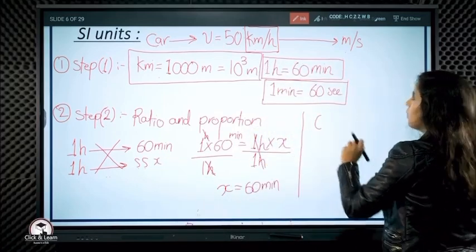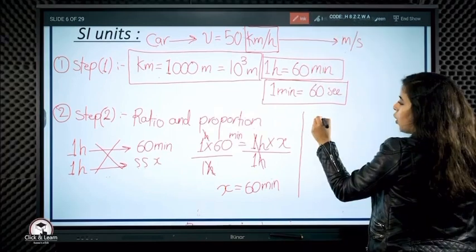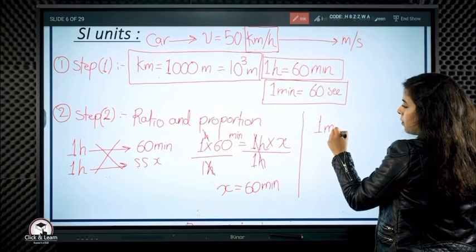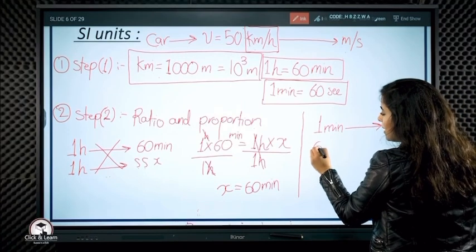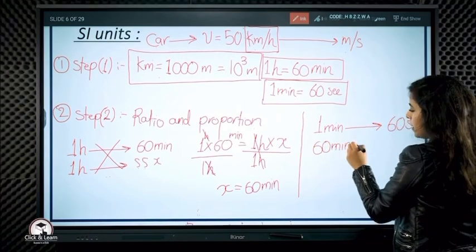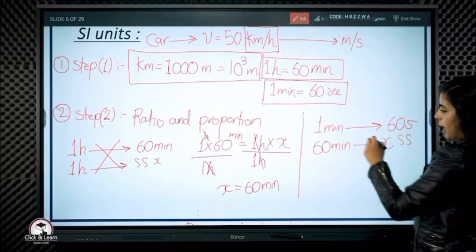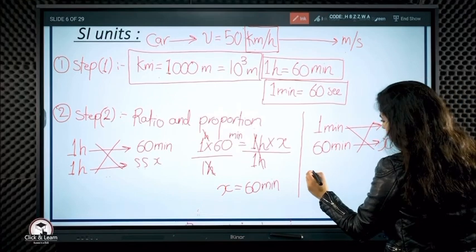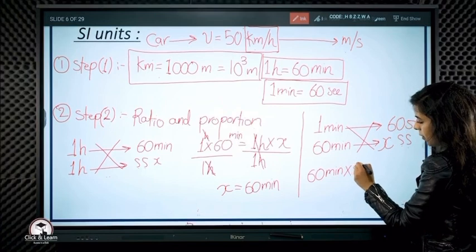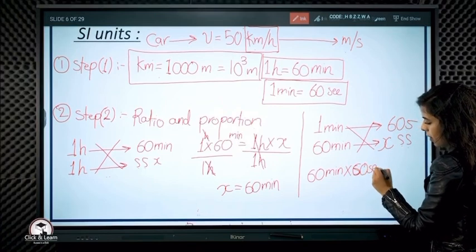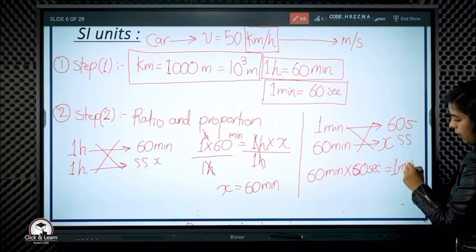Now let's do it again to convert the minutes to seconds. 1 minute is going to be equal to 60 seconds. What about the 60 minutes? How many seconds will it contain? We'll put x with a question mark and do the cross product: 60 minutes multiplied by 60 seconds, and 1 minute multiplied by x.